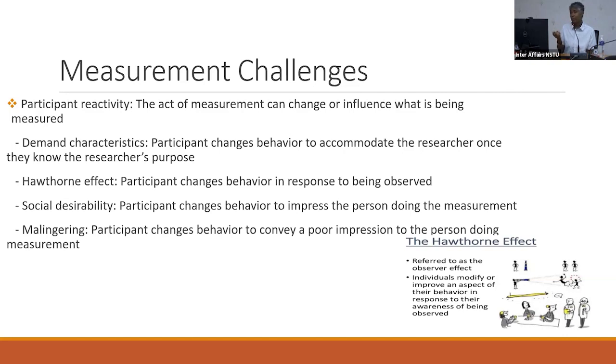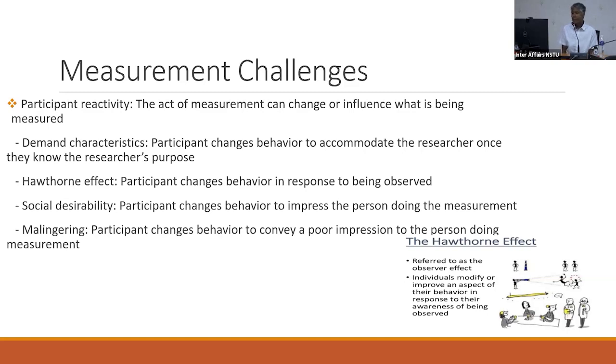So if I'm measuring violence and the kids on the playground know that there's a researcher there who's looking at measures of violence and aggression and bullying, they're most likely to change their behavior to not display aggressive behaviors. So in some circumstances, we can change a participant's behavior by them knowing that they're being observed. That's called the Hawthorne effect.